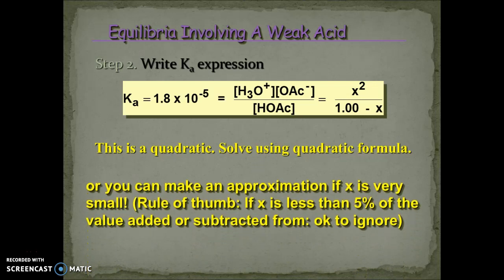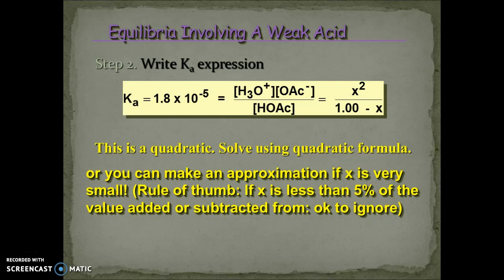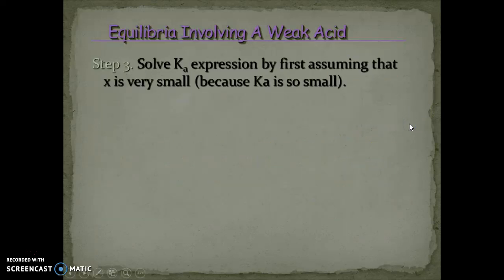But the nice thing is you can make an approximation: if x is very small, which it's probably going to be since the Ka is 1.8 times 10 to the negative fifth, and if x is smaller than 4 or 5% dissociation, you can ignore this minus x, and then solving this problem is a little bit easier. Again, for you guys with the fancy calculators that let you solve, this doesn't really become an issue. You can keep this equation as is and solve for x that way.